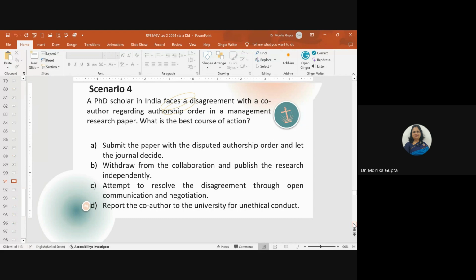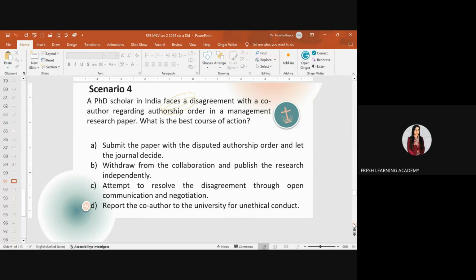What is the best course of action? Submit the paper, withdraw from collaboration, attempt to resolve the disagreement through open communication and negotiation, or report the co-author to the university. Submit, withdraw, resolve, or report.